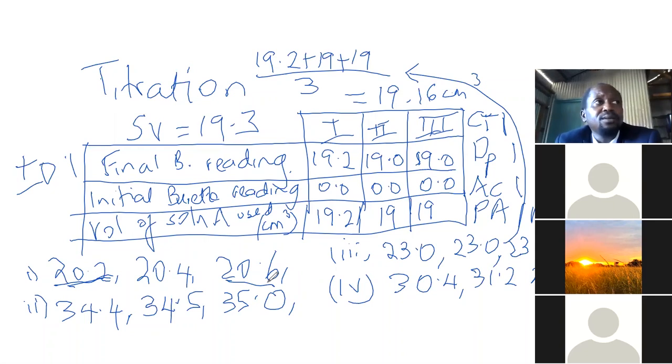Chances are that either the solutions that you are using, you had not made them homogeneous by shaking them, or you are not concentrating while performing the titration. Your attention was elsewhere. So you end up overrunning the solution from the burette to the pipette, even past the end point. That is what leads to such values.